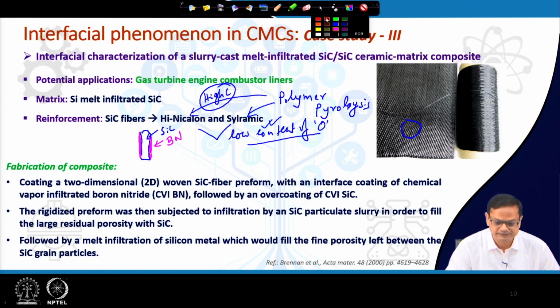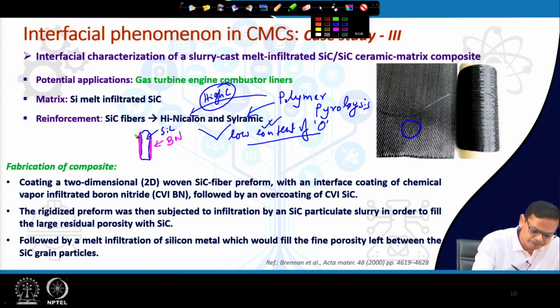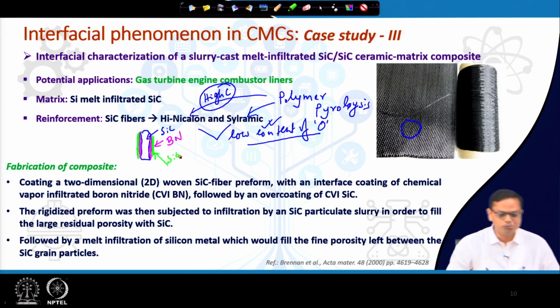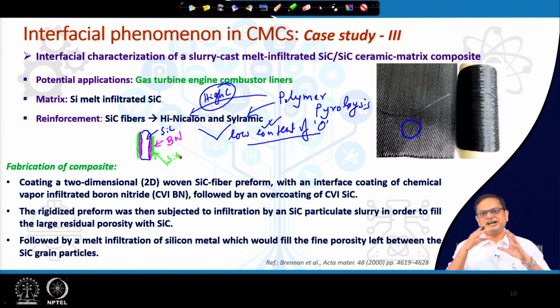Then on top of this boron nitride another layer of SiC has been given, also by chemical vapor infiltration, and this has been done to make this woven structure more rigid. After boron nitride and then SiC have been deposited as thin films by chemical vapor infiltration, initially a slurry has been made.